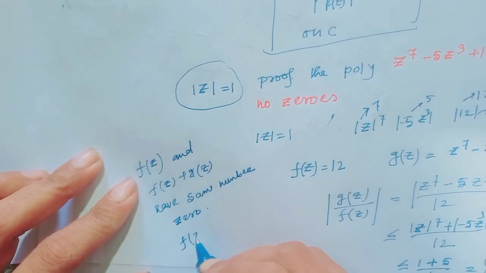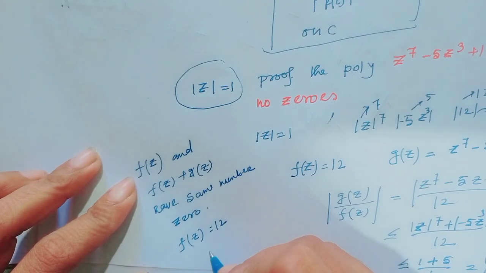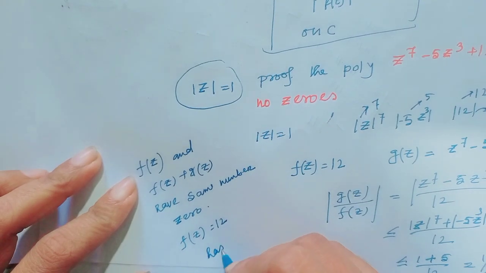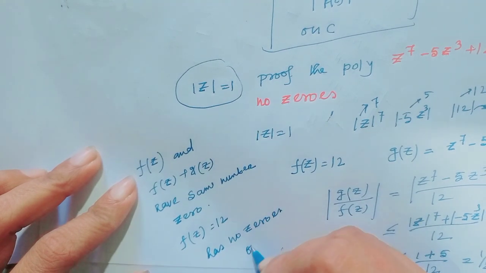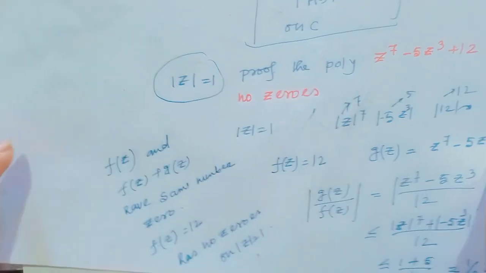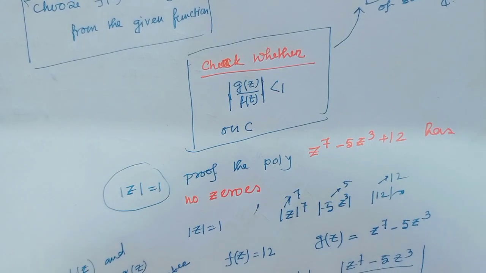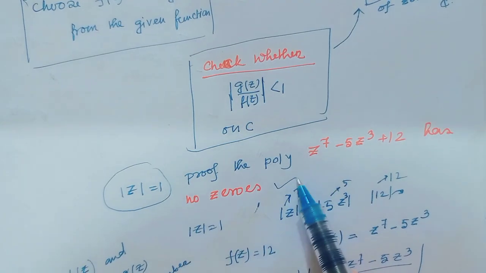Here f(z) equal to 12, which has no zeros on mod z equal to 1. So f(z) plus g(z), by Rouche's theorem, we can tell has no zeros.